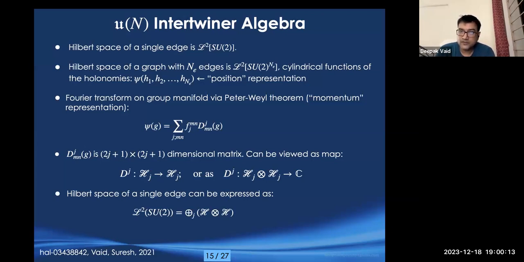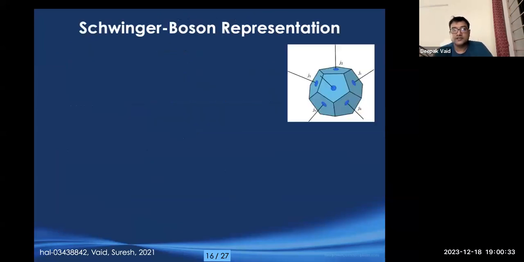But we can come back to this a little bit later. The bottom line is that on each edge, there are two copies of a spin J particle. But that's the same statement that you know.